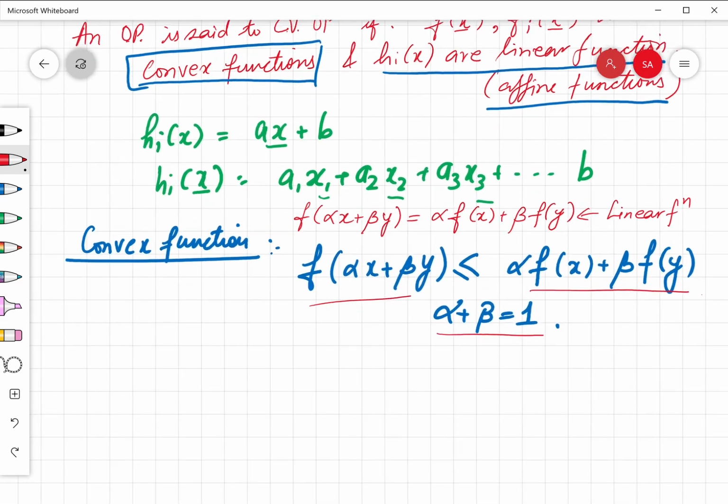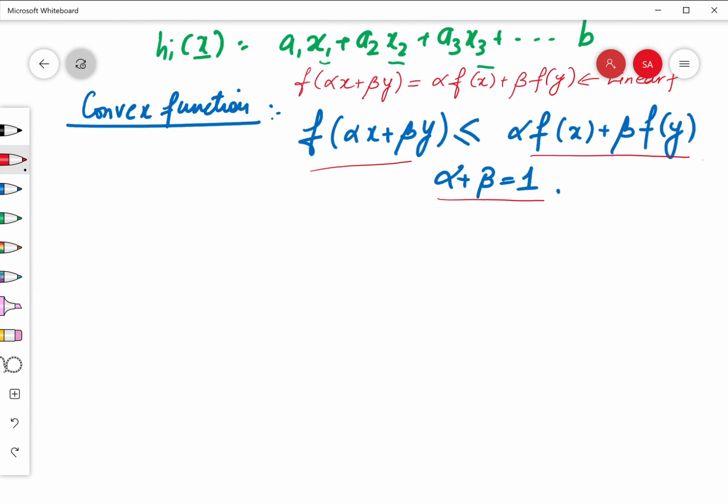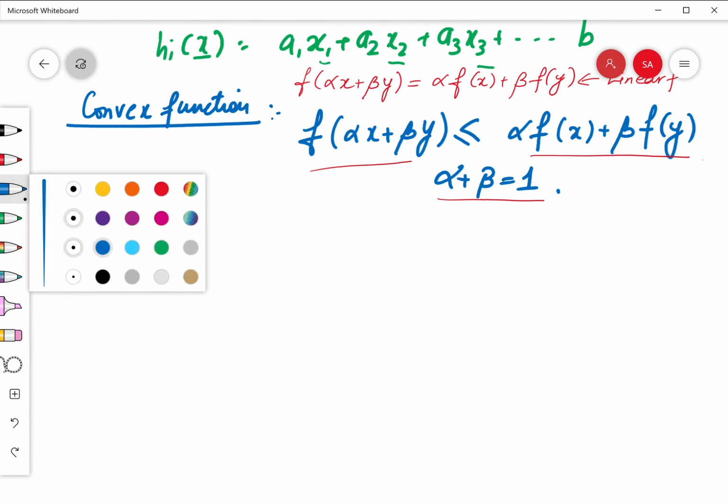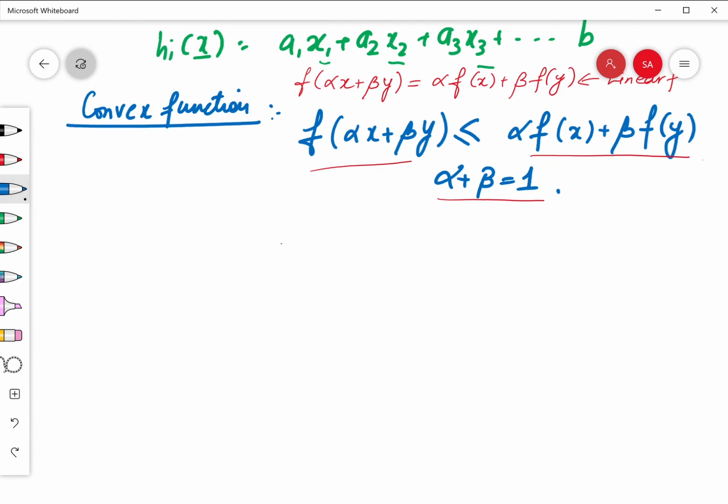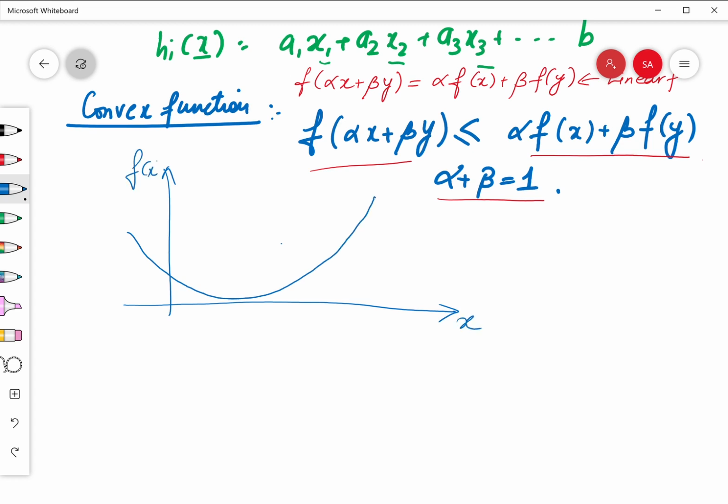Now graphically, what does it mean? If I plot a function which has some shape of this kind, this is your x, this is your f(x).